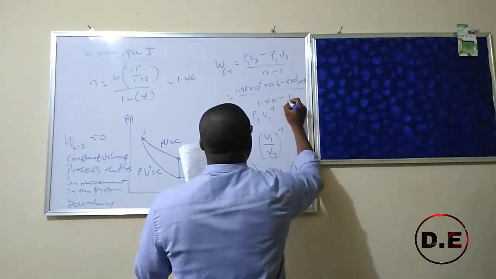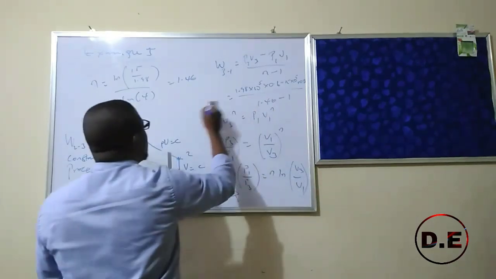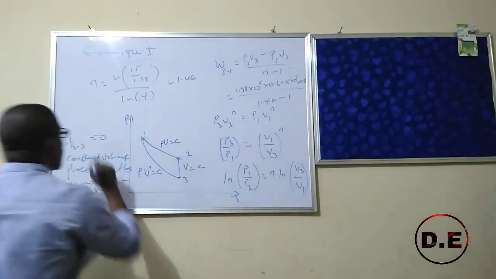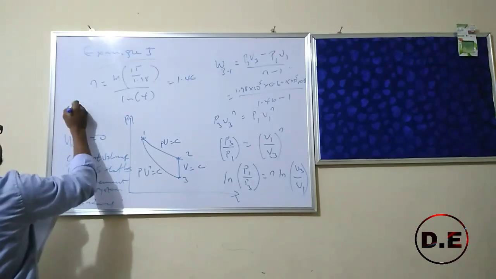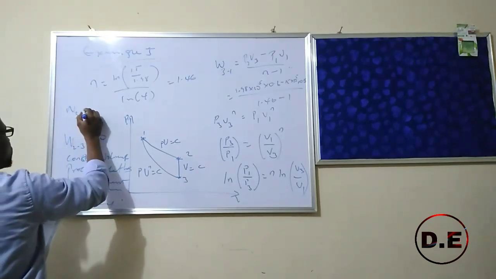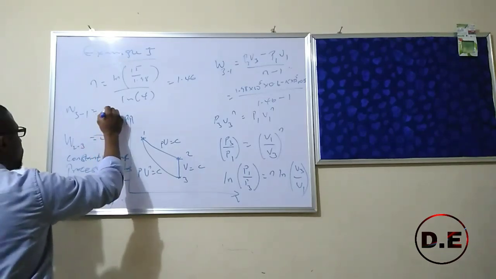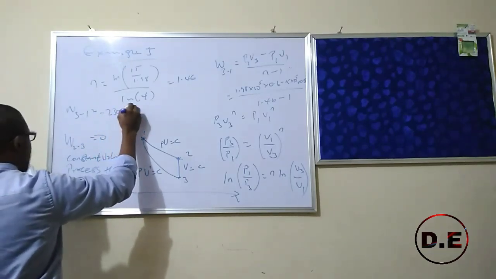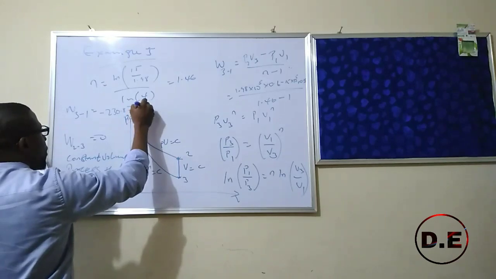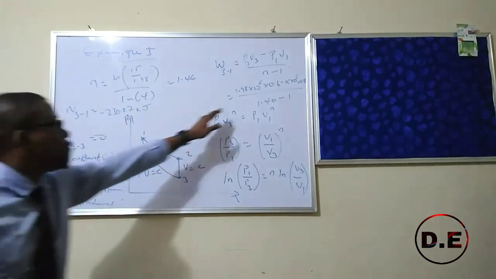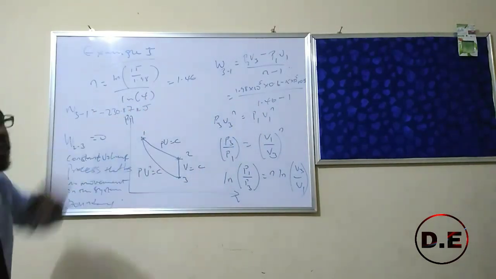So this will turn out to give us a value of W31, from state 3 to state 1, of minus 230.87 kilojoules. Remember, we have automatically converted from joules to kilojoules by dividing by 1000.